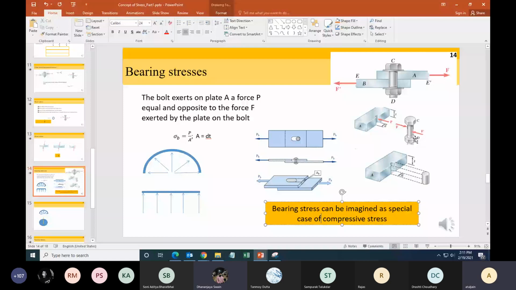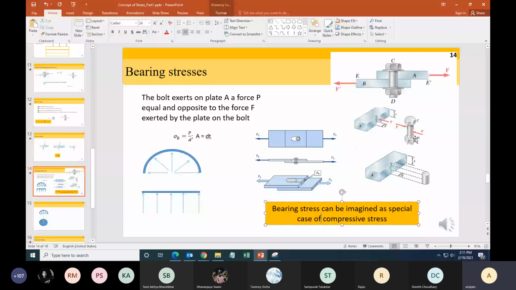Sir, when we look at the plate, we can say that the area is the complete area. But if you are calculating the bearing stress by looking at the pin, then what area will we see? I did not understand your question.